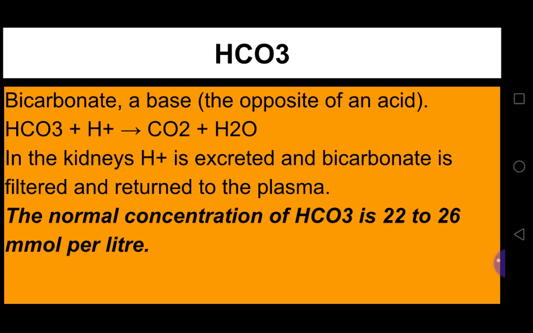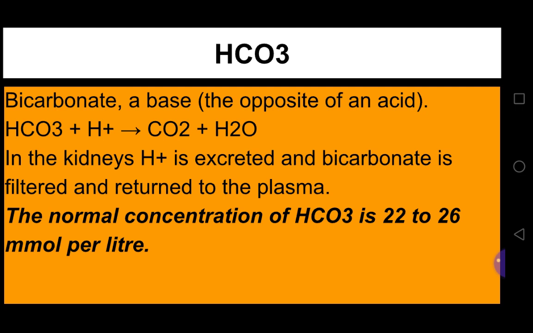Third component is bicarbonate. It is called a base, which is the opposite of an acid. It is generated by the kidneys. When bicarbonate buffers hydrogen ions, as a result, carbon dioxide and water are produced. It is by this route that the vast majority of acids are excreted each day.